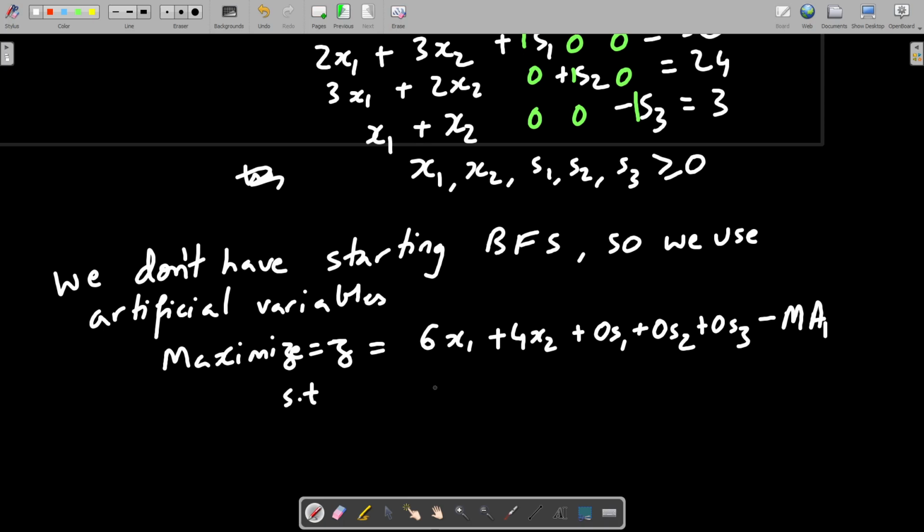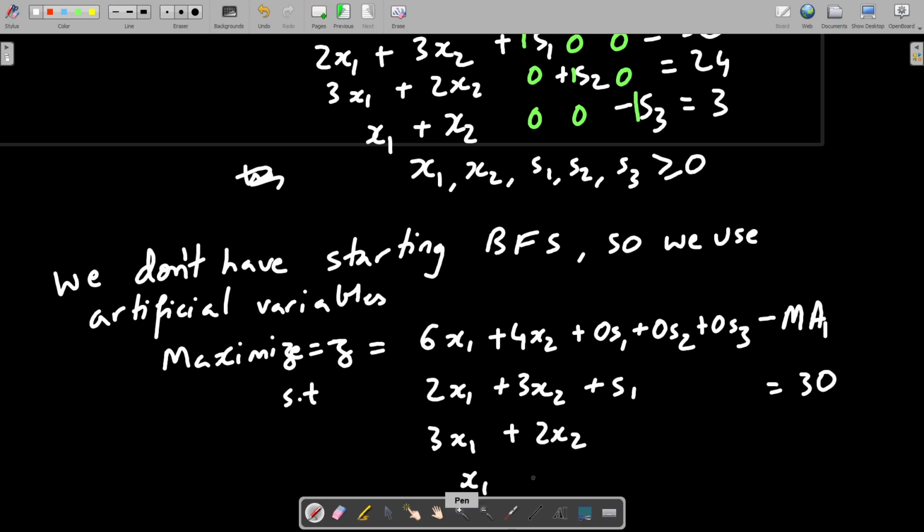Subject to 2x1 plus 3x2 plus s1 is equal to 30. Okay, and then you have 3x1 plus 2x2 plus s2 is equal to 24, and x1 plus x2 minus s3 plus a1 is equal to 3.